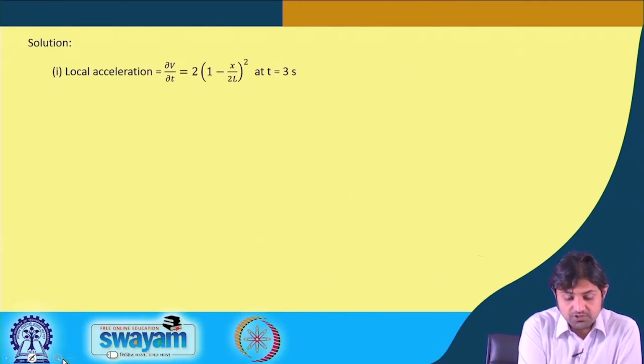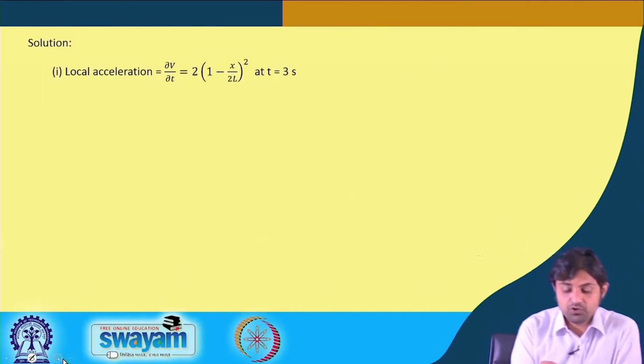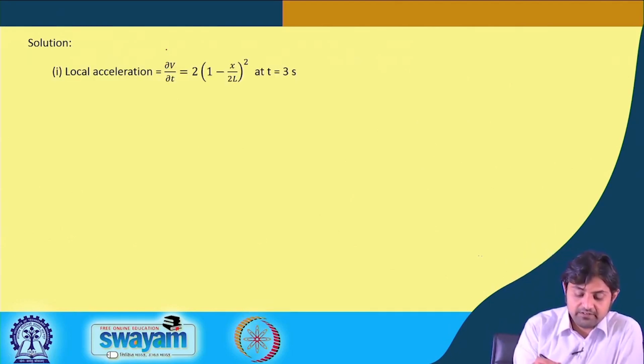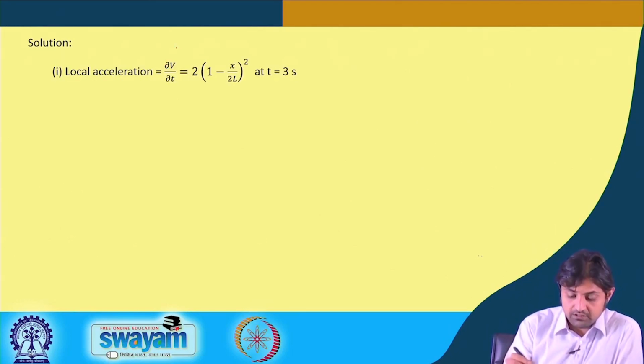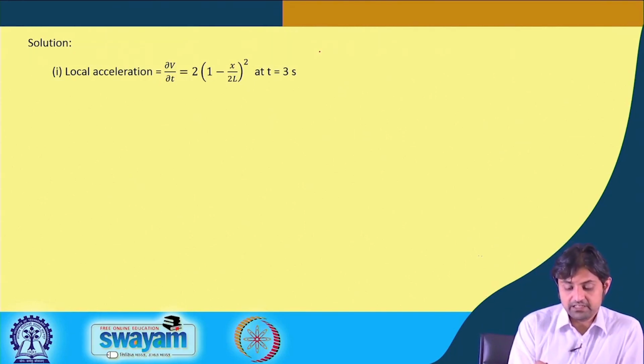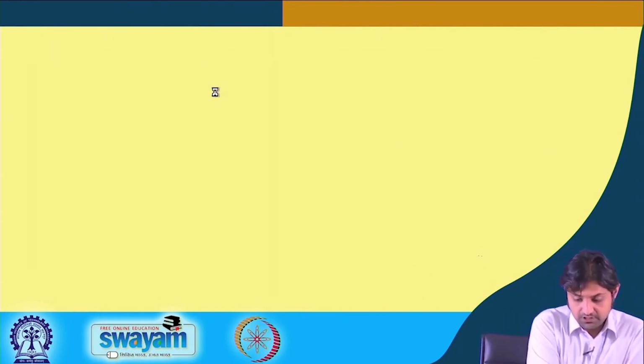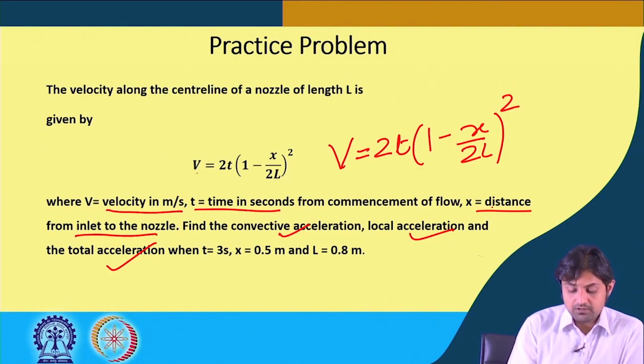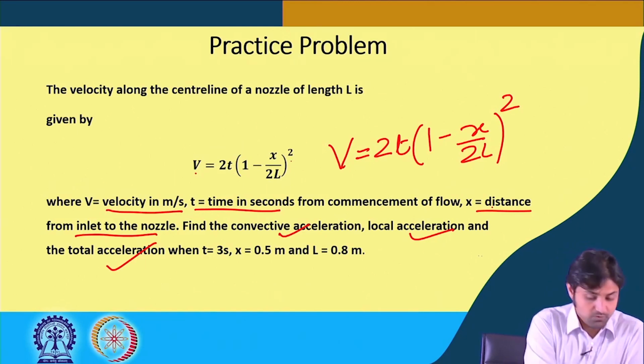So, the solution procedure goes like this. Local acceleration is given by del v del t. If you do del v del t on this equation, it is going to be 2 times 1 minus x by 2L, whole square.